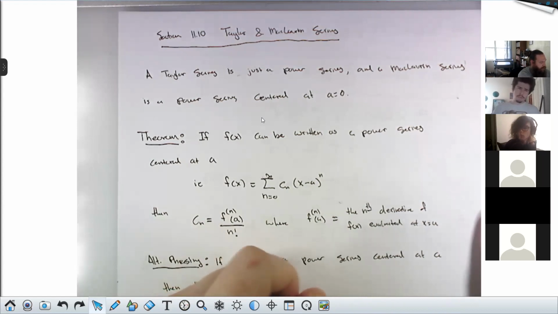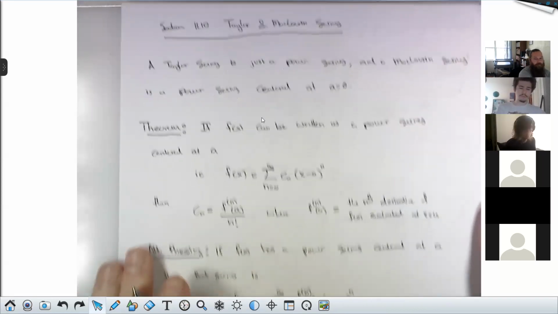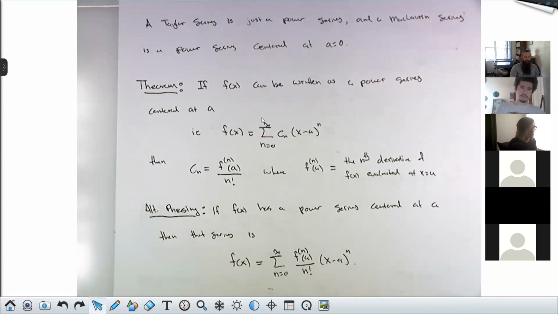They just plug in f^(n)(a) over n factorial times (x minus a) to the n. Again, where f^(n)(a) is the nth derivative of f evaluated at x equals a.